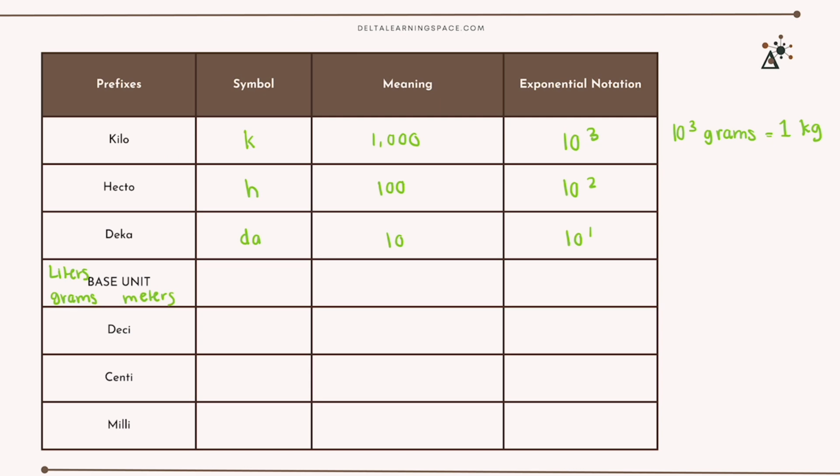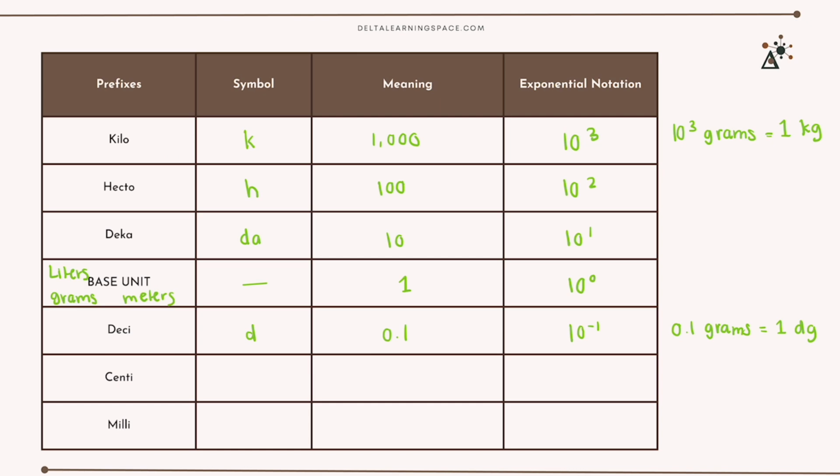And so this does not have a symbol, and it just means 1 or 10 to the 0. Next we have deci with the symbol lowercase d, meaning 0.1 or 10 to the negative first. And so that means that 0.1 grams will equal 1 decigram.